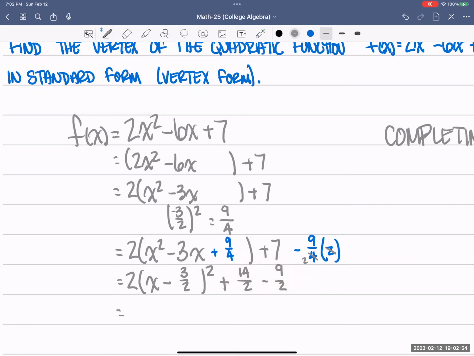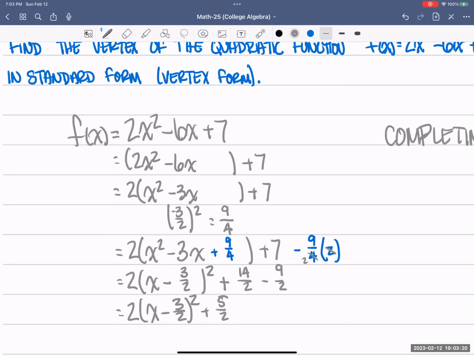We're just a few steps away from getting our function in vertex form. 2 times x minus 3/2 squared plus, because that 14 is positive, 14 minus 9 is 5, divided by 2. There we go.